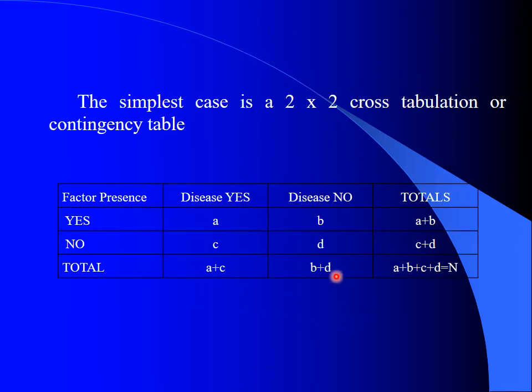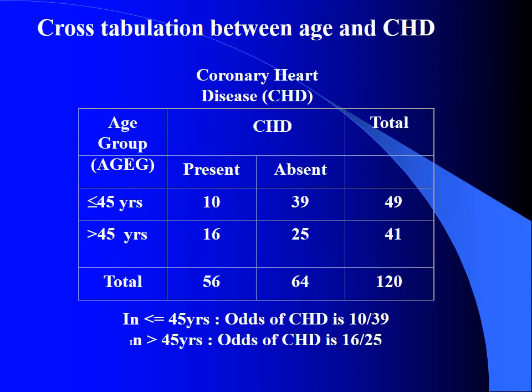Now let us take an example here, in a 2 by 2 table. Generally any 2 by 2 table, we have already talked about it. A, B, C, D, when we have nominal data, dichotomy, disease present and disease absent, factor present and factor absent, we tabulate in this manner.